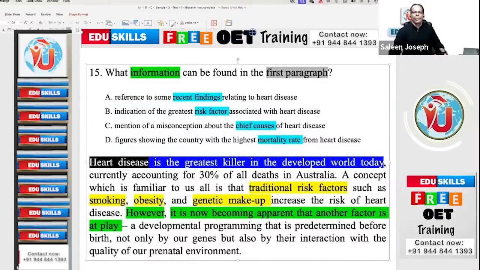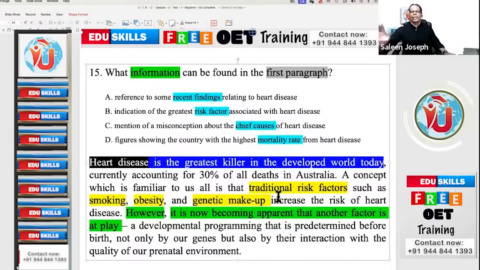Now, after however, is there a reference to some recent findings relating to heart disease, an indication of the greatest risk factor? Do they speak about the greatest risk factor? No, they are speaking about heart disease being the greatest killer. A mention of a misconception about the chief causes of heart disease? Do they speak anything about chief causes?